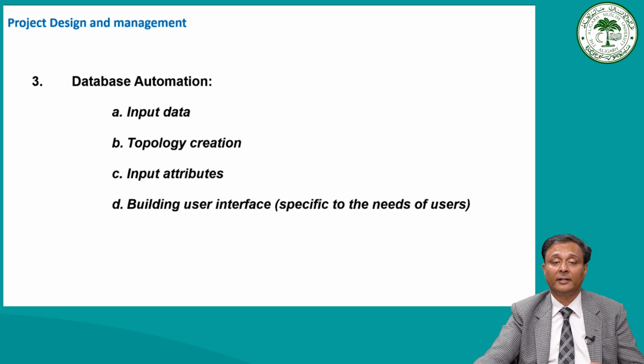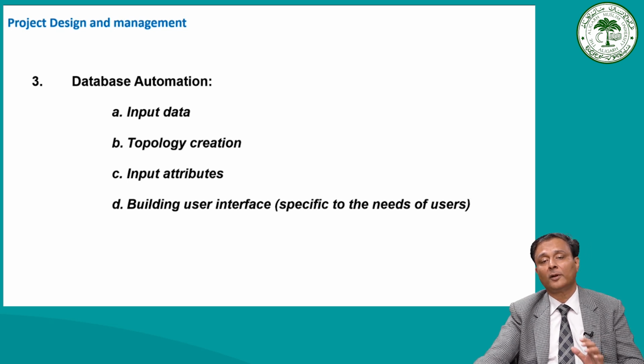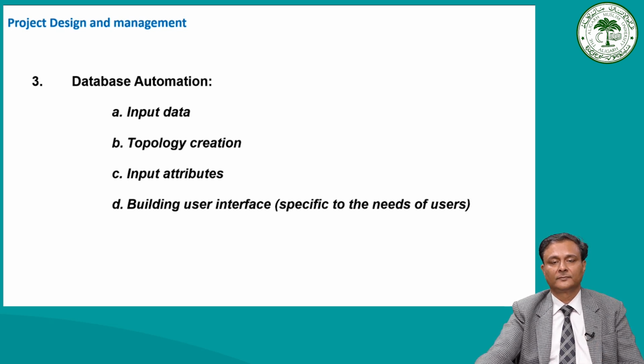The second and even more important would be the topology creation. The geodatabase topology helps ensure data integrity. A topology provides a mechanism to perform integrity checks on our data and helps us to validate and maintain better feature representation in our geodatabase.